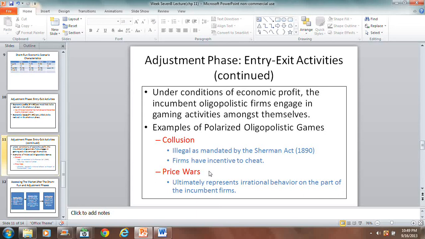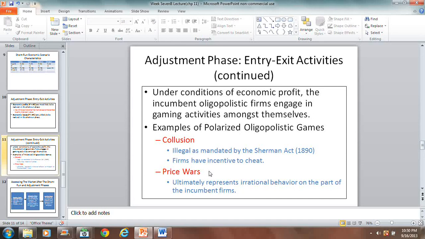When they start engaging in price wars and the price is pushed down, their profits are going to get squeezed. And if a price war played out over a longer period of time, the results start to look like the results we see in pure competition, because price will be pushed down closer to average total cost.